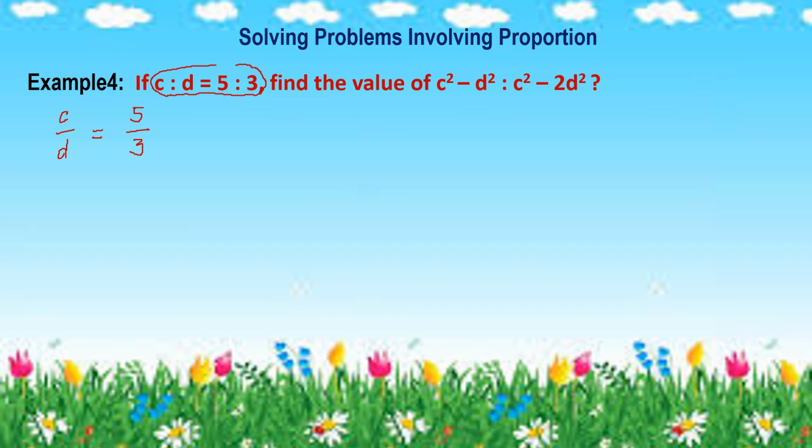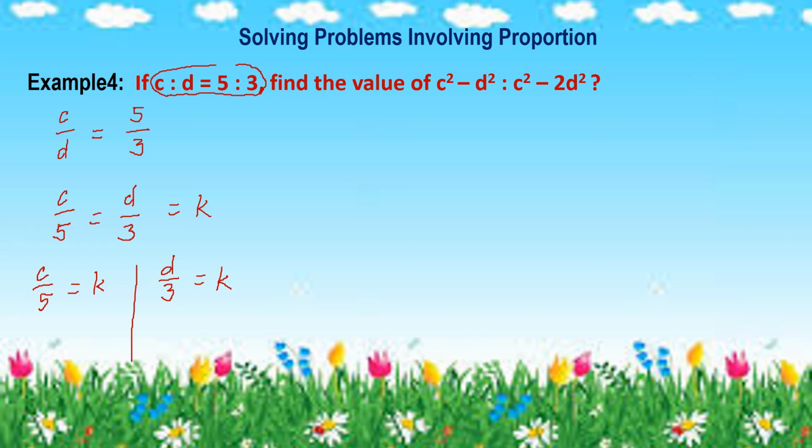We can also rewrite this given proportion using the alternation property or switching of the means. So this is also the same as c is to 5 is equal to d is to 3, and this is equal to k. So let us equate each of them to k. C is to 5 is equal to k, and d is to 3 is equal to k.